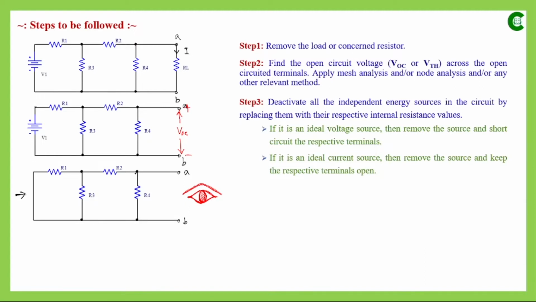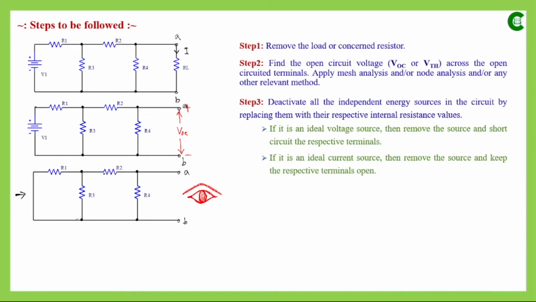So if we want to find the equivalent resistance by simplifying this circuit from this side, we can see that R1 and R3 are connected in parallel. We will simplify accordingly, and then R2 will be in series with that equivalent resistance.